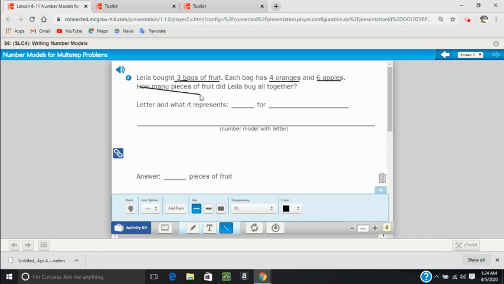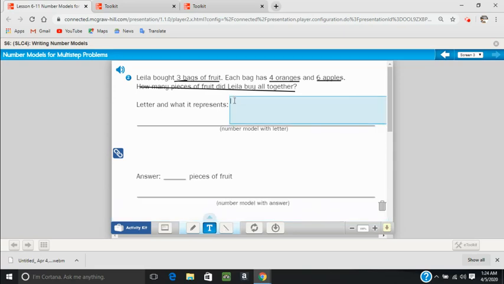We also need to know that the question is, how many pieces of fruit did she have altogether? Well, since we're talking about fruit, it's only fitting that we use the first initial of fruit, which would be F. F would then represent fruit.